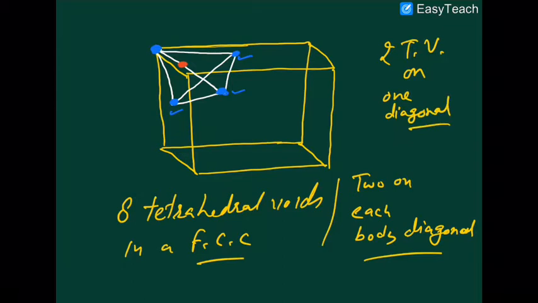You have to keep that in your mind. TV stands for tetrahedral voids. So there are 4 body diagonals inside the cube, and in case of FCC, there are 2 tetrahedral voids present on each body diagonal.